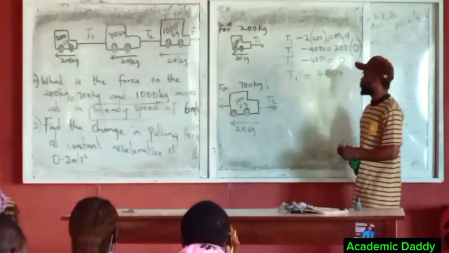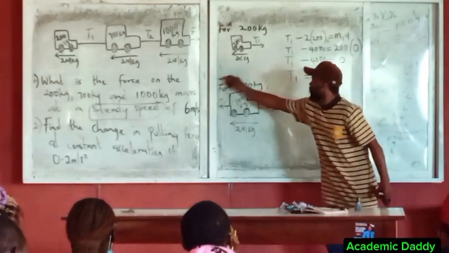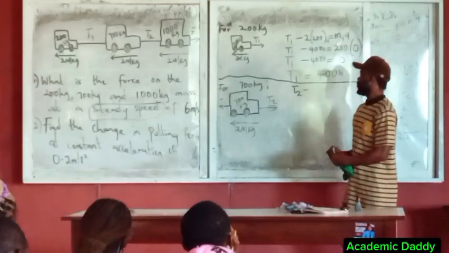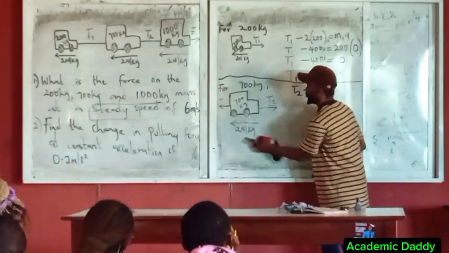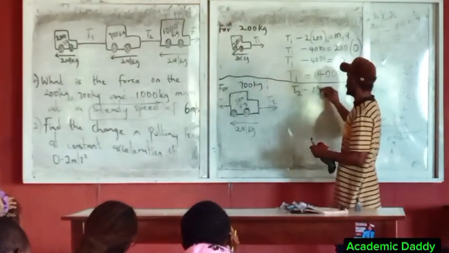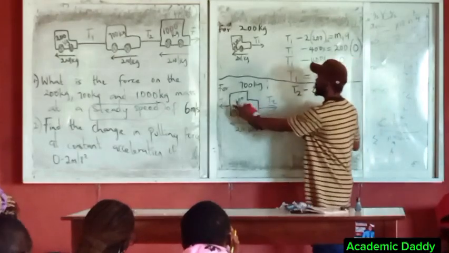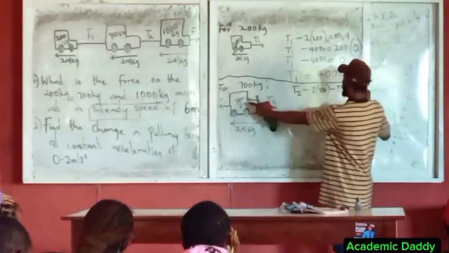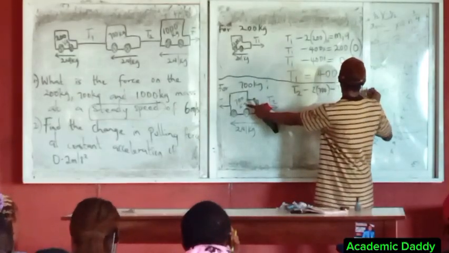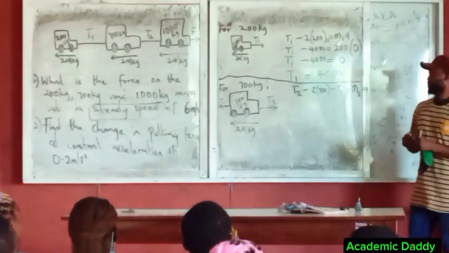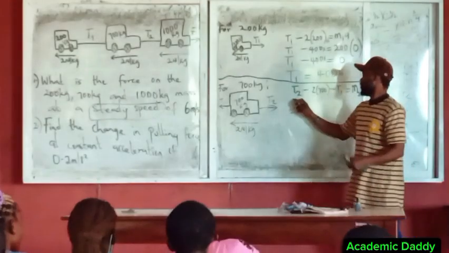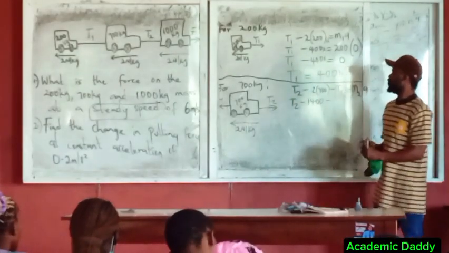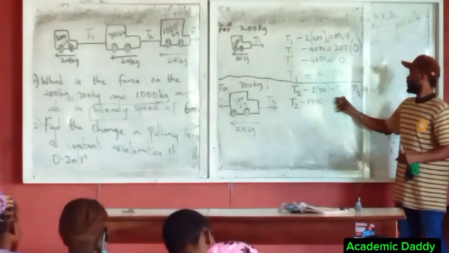So if I want to judge this now, I'll simply say forward force, T2, minus backward force. This is the backward force: 2 times 700. Minus, this is also another backward force, minus T1, is equal to the mass of the system, M2 A. Very important. So this will now be T2 minus 1400 minus T1. What do we get for T1? 400.